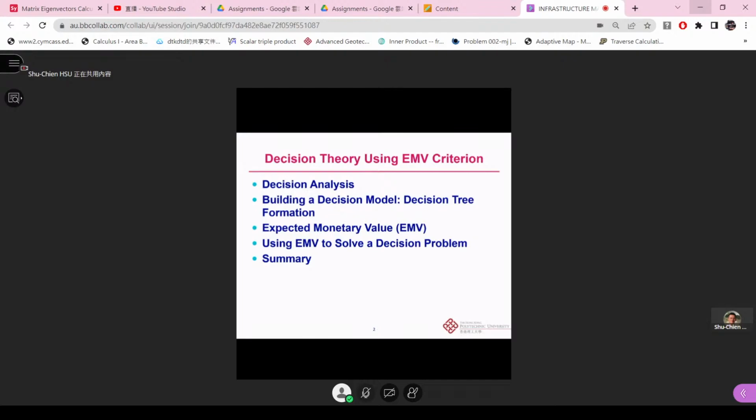For decision analysis, the first step in the process is problem formulation. A decision problem consists of three components: the decision alternatives, which we talked about before, the states of nature, and the resulting payoffs. So from here we consider not only the alternatives themselves but also other possibilities.